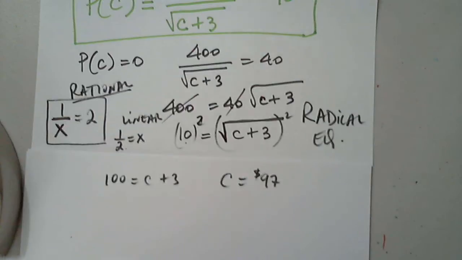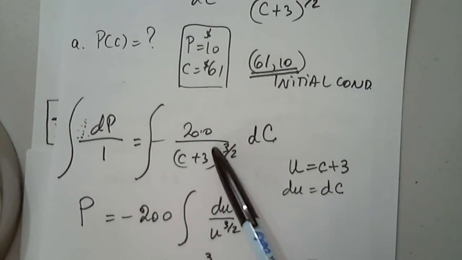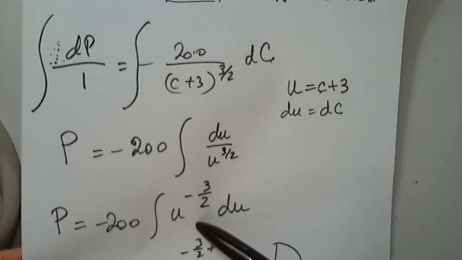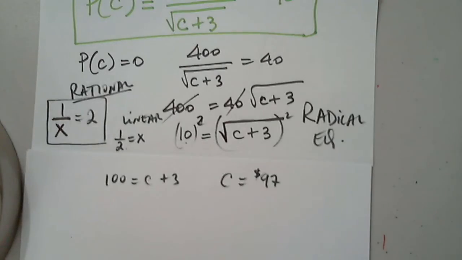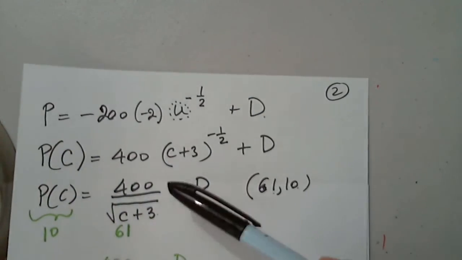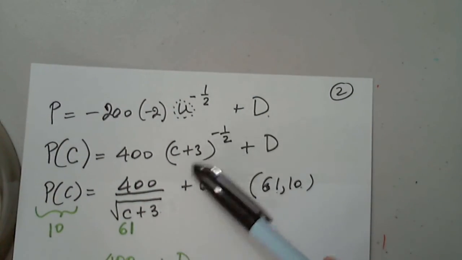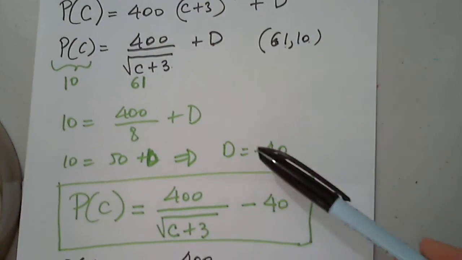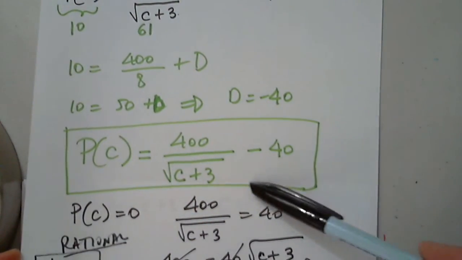in which we had a lot of steps: separating, using substitution that we learned in chapter 4, then changing it into 1 over with the square root, then plugging in the initial condition to determine the constant, rewriting the function.